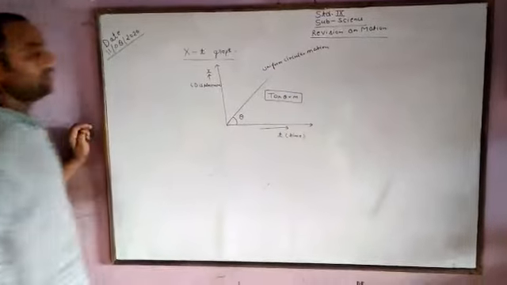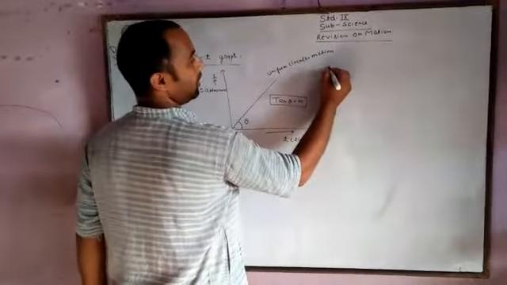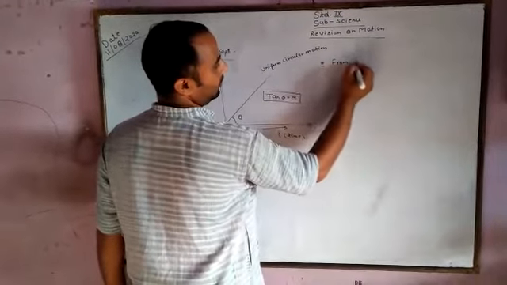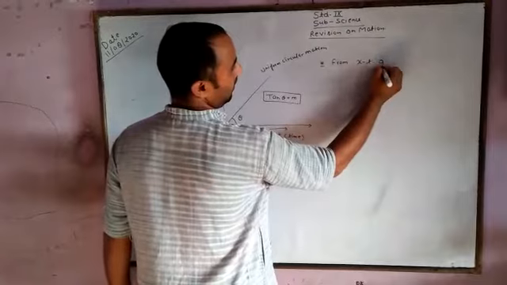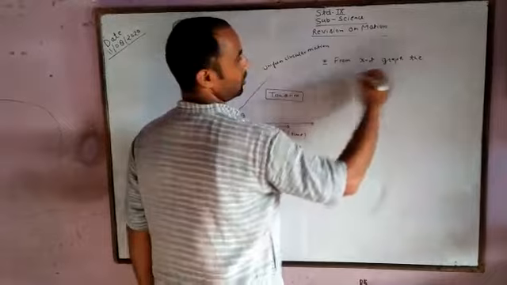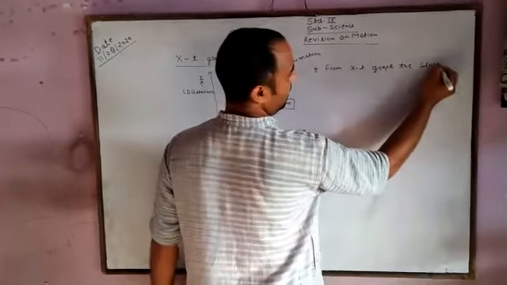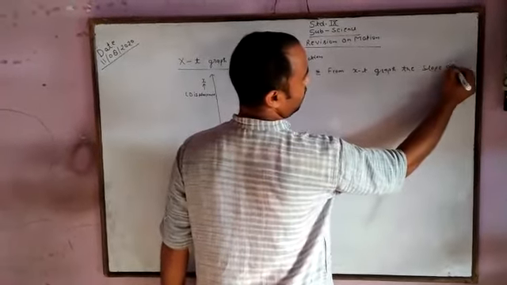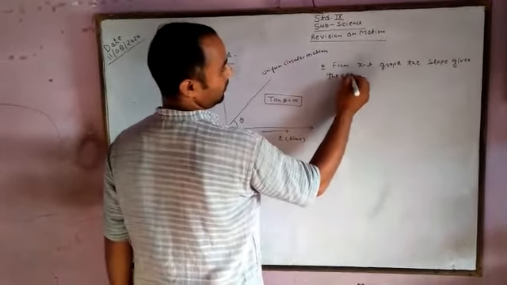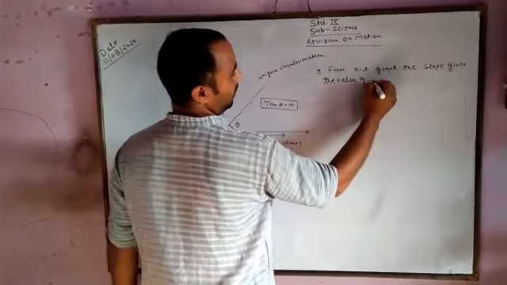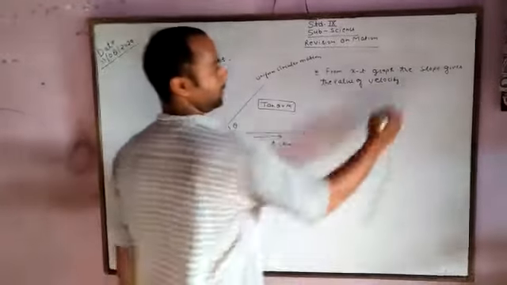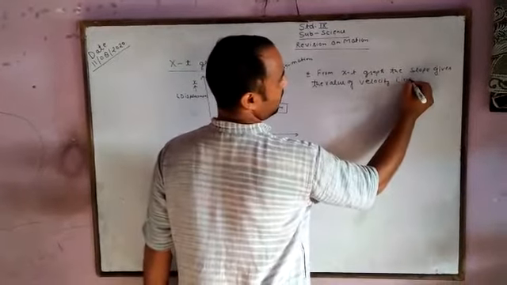This is the slope. It means, an important point we note is that from the xt graph the slope gives the value of velocity, that is, instantaneous velocities.